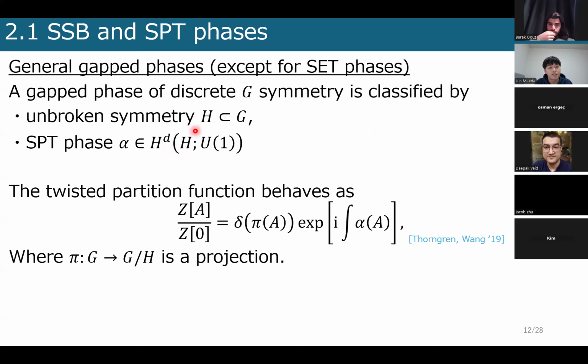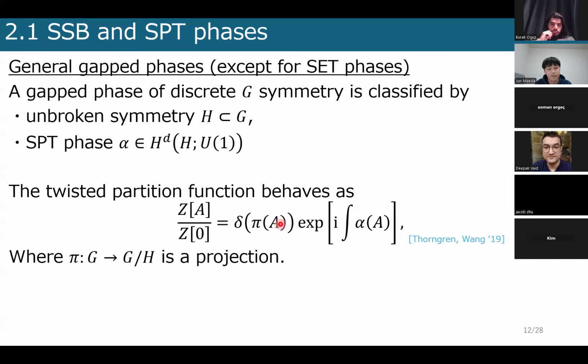And here we consider an SSB phase whose unbroken symmetry is H. So each vacuum has only H symmetry, not G. So here we must consider that the SPT phase is not labeled by the group cohomology of G, but this should be H. And in this phase, the twisted partition function behaves like this form.